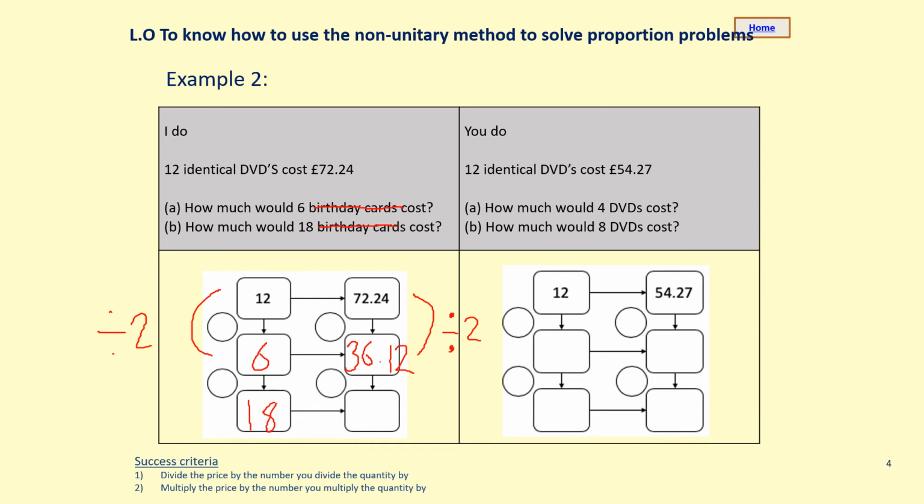So 18 is obviously 6 times by 3. So we also need to multiply the price by 3. So £36.12 times by 3 gives me £108.36. Please pause the video there, copy that one down, and then try the you do for me.